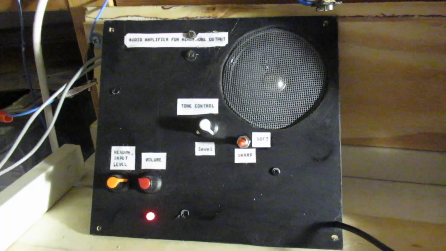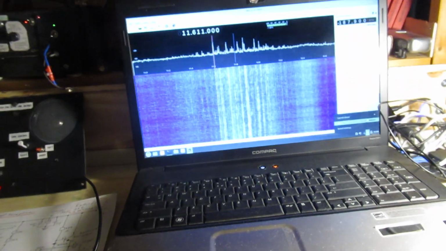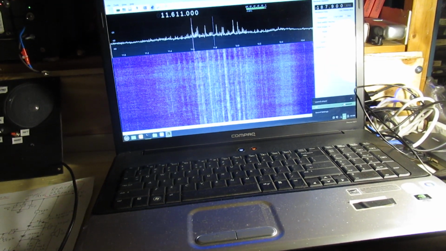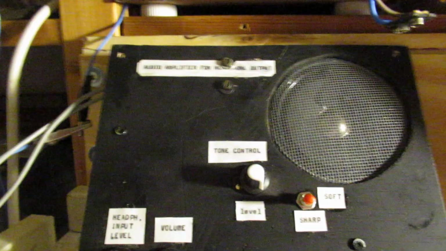Now I take out here, this is what I've made, take out the control of the computer, and you can surely see the difference. This is only the computer output, and this is my circuit.